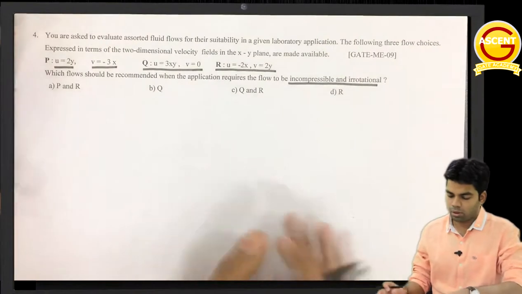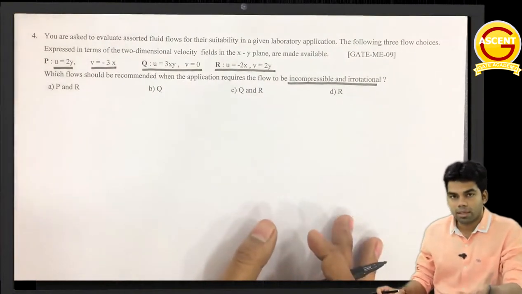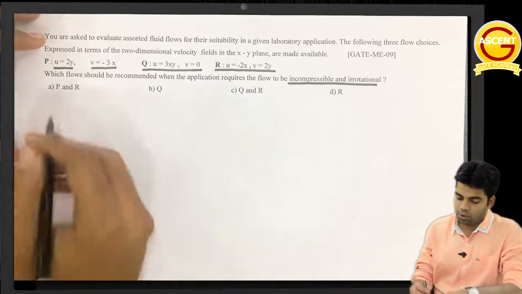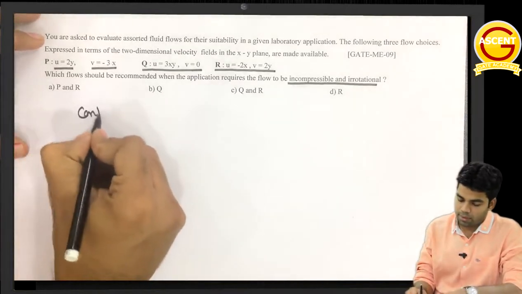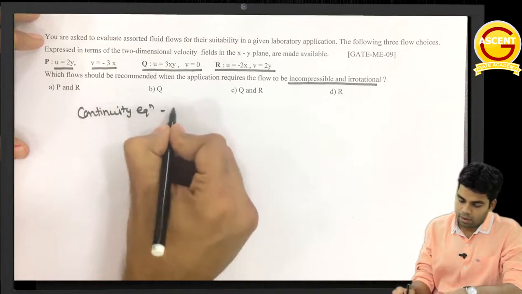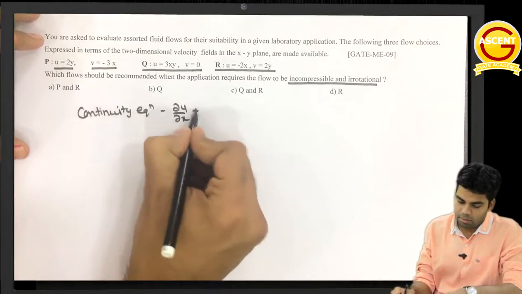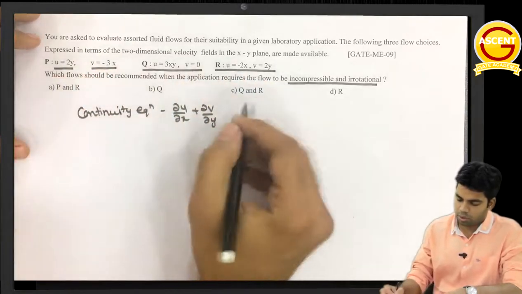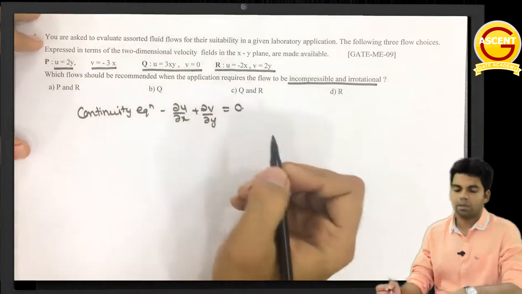In order to determine whether the flow is incompressible or not, it should satisfy the continuity equation, as I have told you. The continuity equation, we know, is del u by del x plus del v by del y plus del w by del z, but w is not given here, this should be equal to 0. First thing.